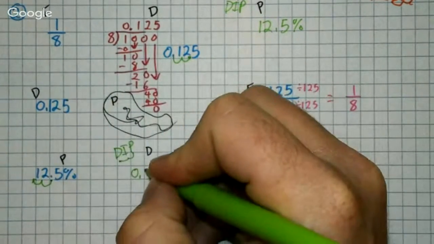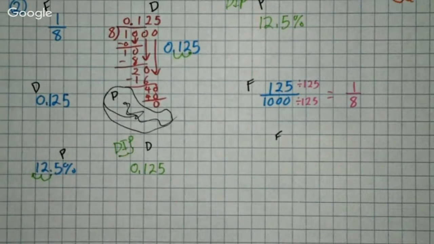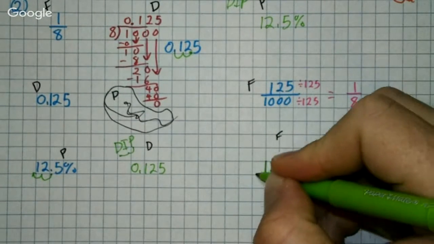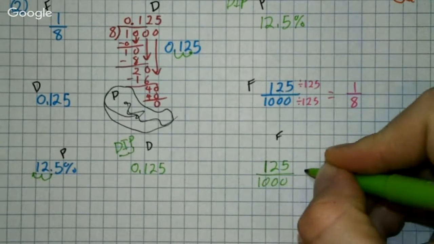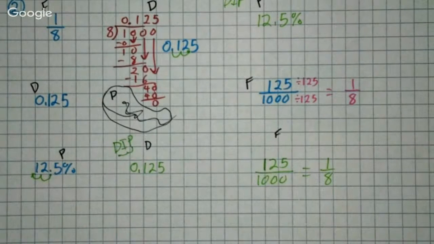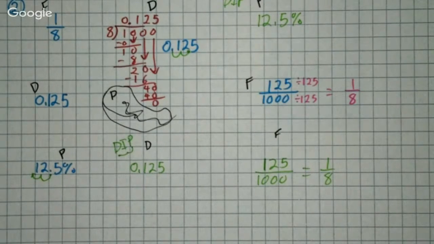It's going to give me 0.125. Huh, looks familiar. Then, to make it a fraction, 125 thousandths, 125 over 1,000, which we know equals 1/8. So any of those types of numbers are very interchangeable. We just need to make sure that you can easily switch between any of those to solve your problems.